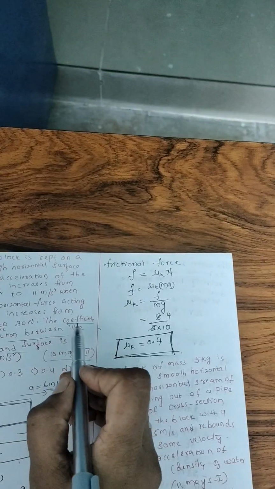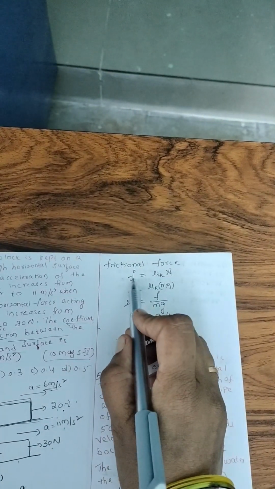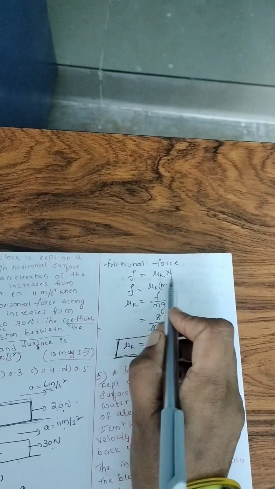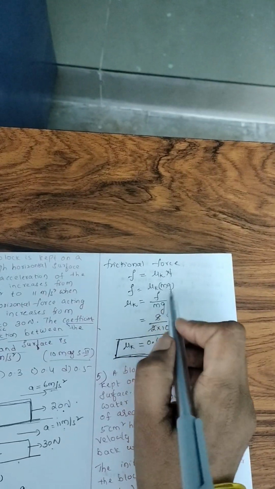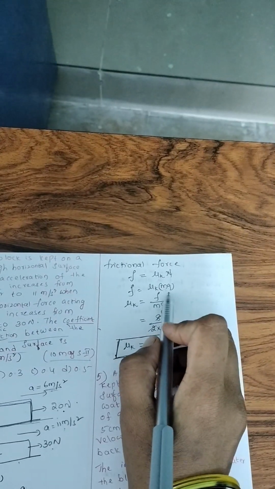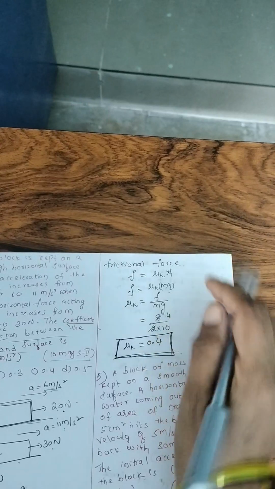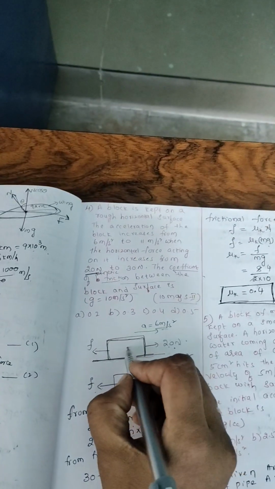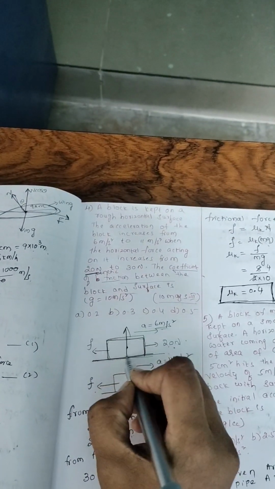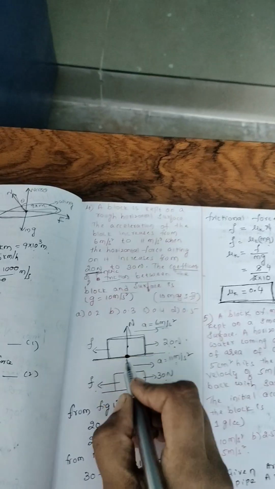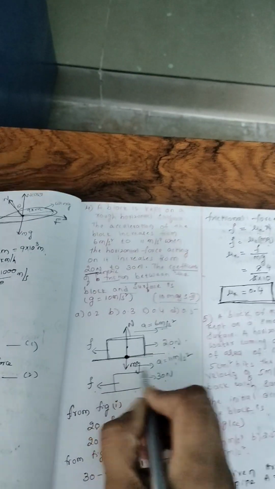Now what is he asking? The coefficient of kinetic friction. The formula for frictional force is mu k N, where N is the normal force which is equivalent to mg. Right? So N equal to mg.